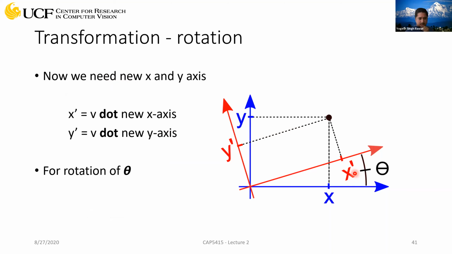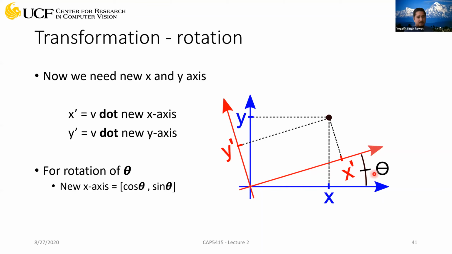Now, this is the new x-axis, right? And this is angle theta. Now, if you consider the original x-axis and you compute cos of that, that will be the projection of this x on x prime.